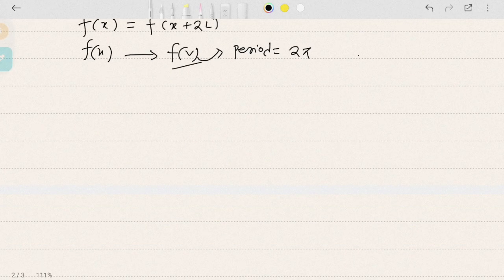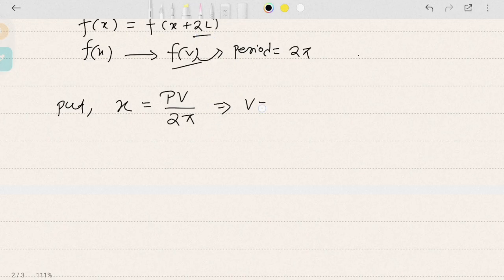So the substitution here is this: put x is equal to pv by 2 pi, where p is the period, the new period 2l. So v is 2 pi x by p.